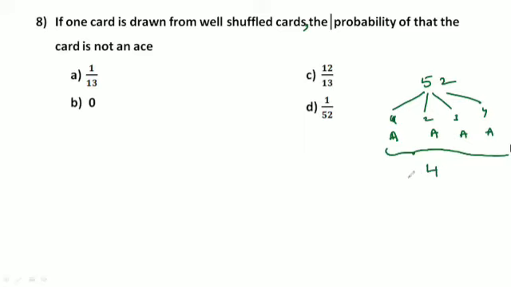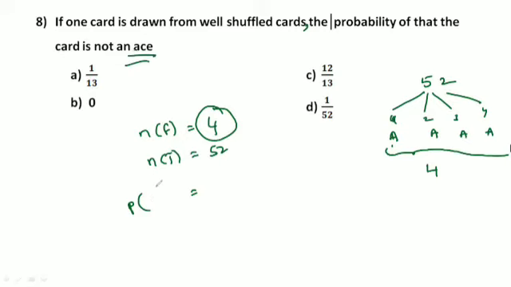Whenever you draw a card from well shuffled cards, you may get this ace or this ace or this ace. So children, see, the number of favorable outcomes is equal to 4 and the total number of outcomes is equal to 52, because totally the total cards is 52. You get my point? So let us find the probability of drawing an ace.